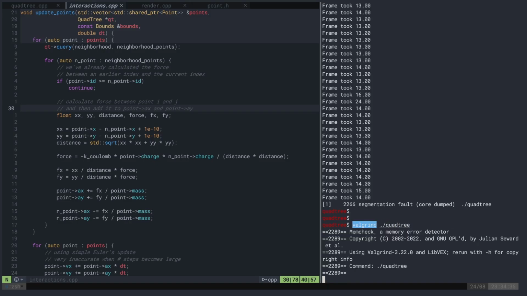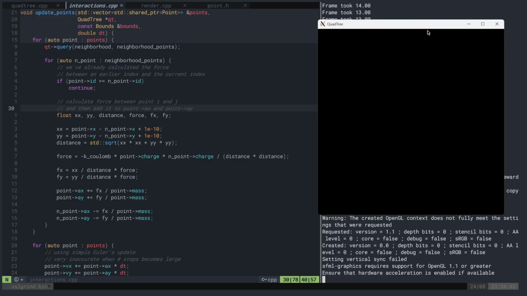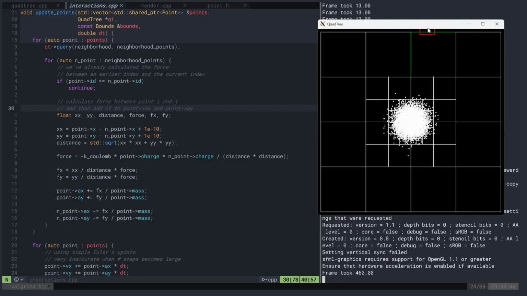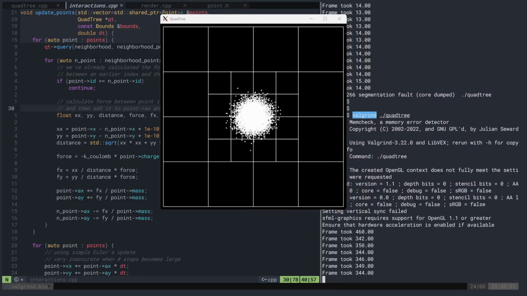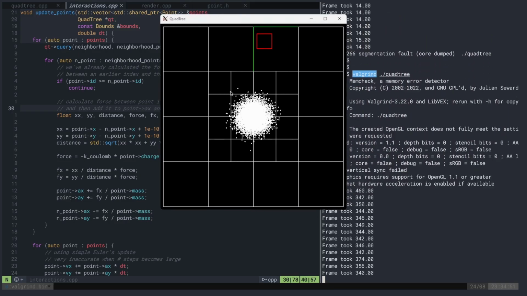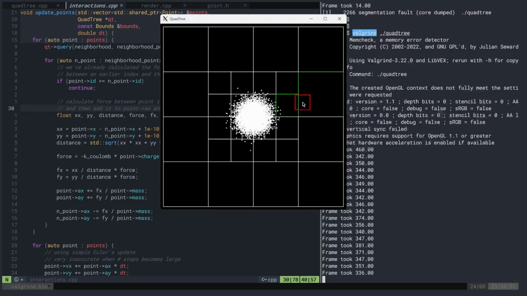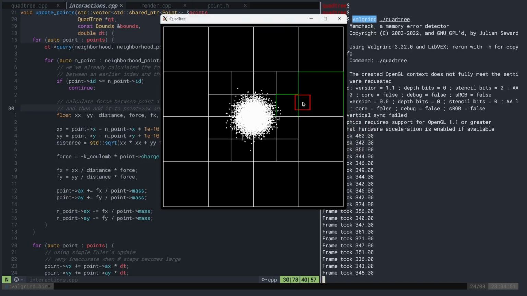Let's run this with Valgrind to see where exactly the segmentation fault is happening. Valgrind is a good debugger. It's going to take much longer to actually render, but let's just press play and see where it actually crashes. We should do this with fewer particles so that things actually work quickly.